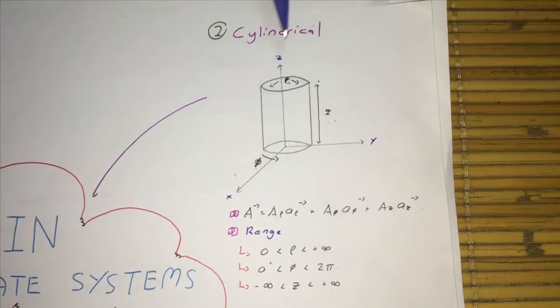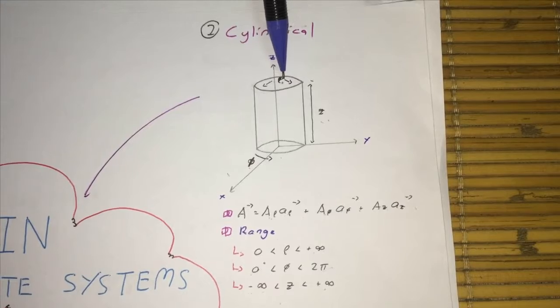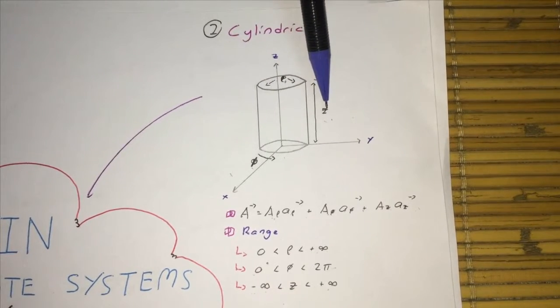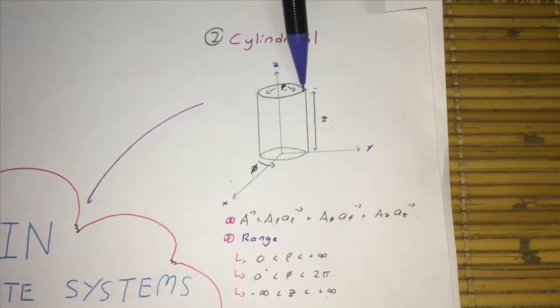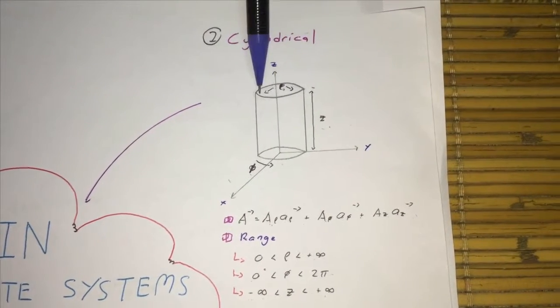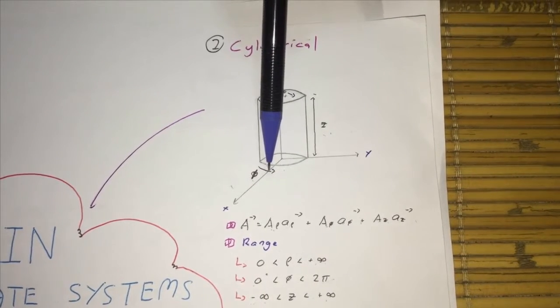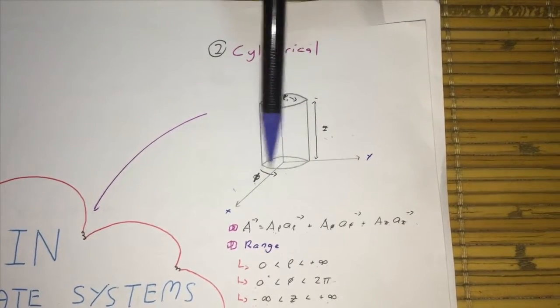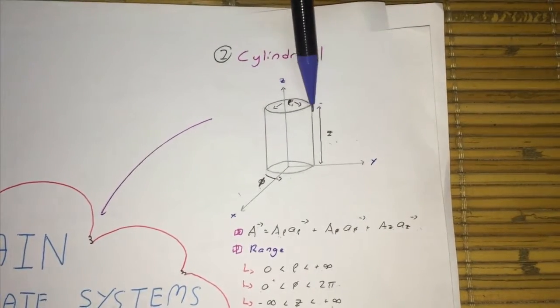For number 2, we have cylindrical. For the cylindrical, we must have rho, V and Z. Rho is the radius of the circle, while V is the angle, and Z is the height of the cylinder.